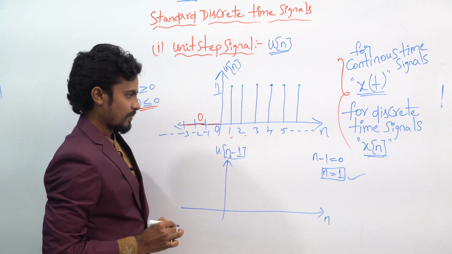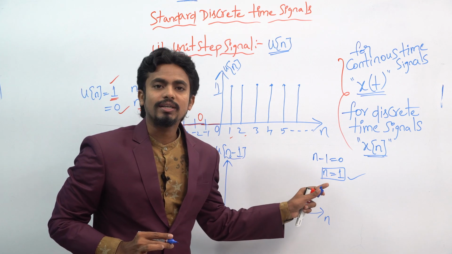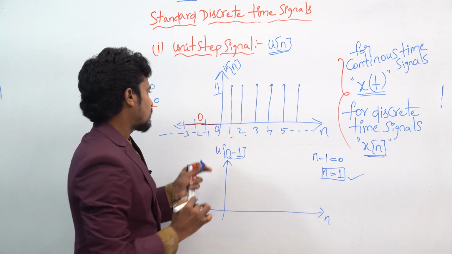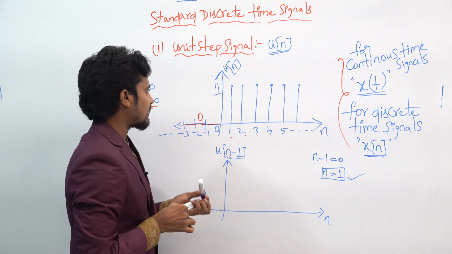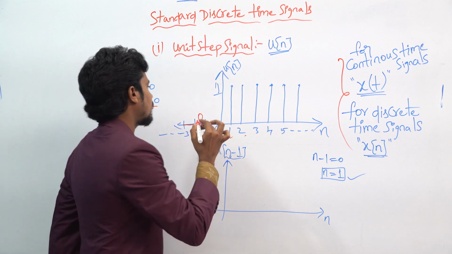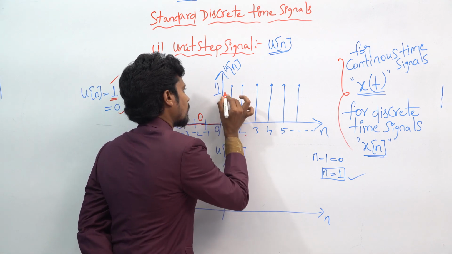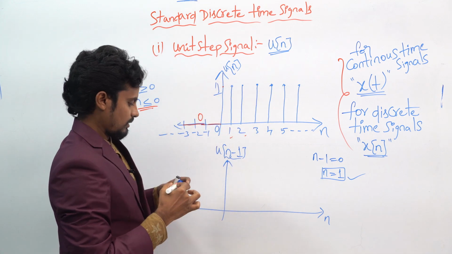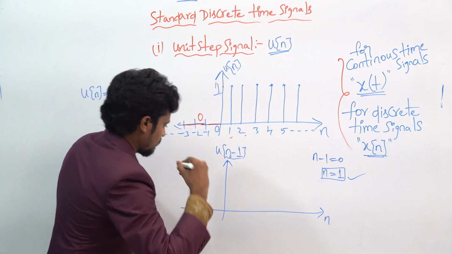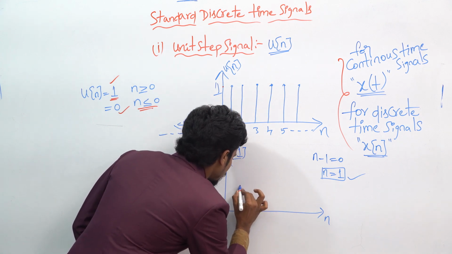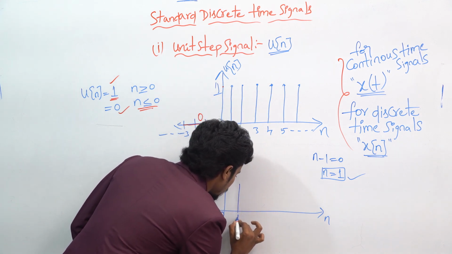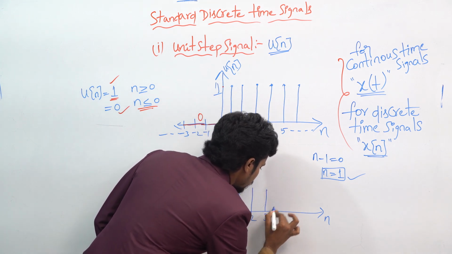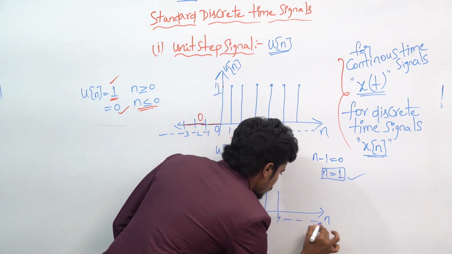That means your plot will start at n equal to 1. Here you can see our plot will get started here only. From here, this will be 0, this will be 1, 2, 3, 4, and so on.